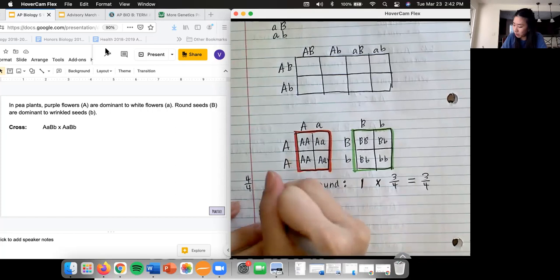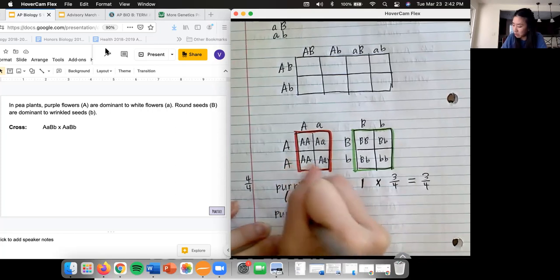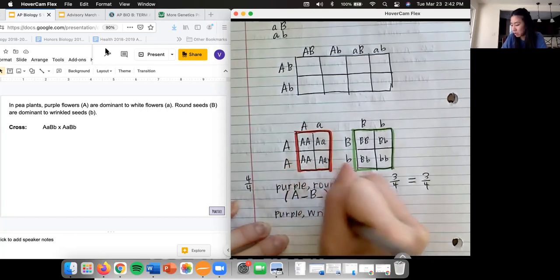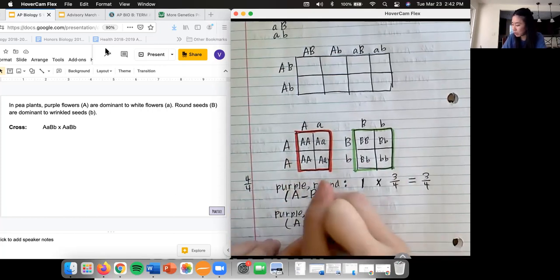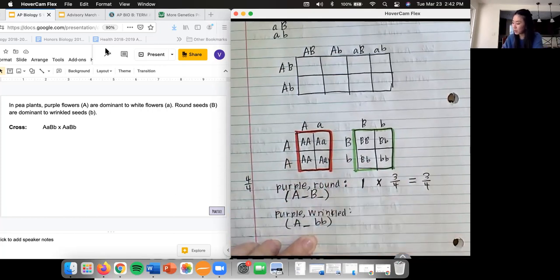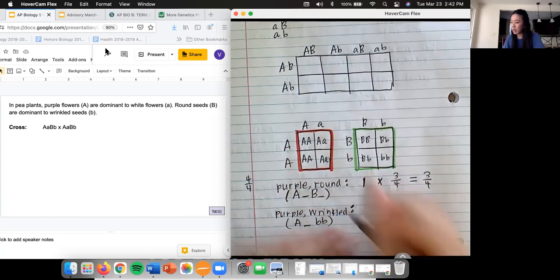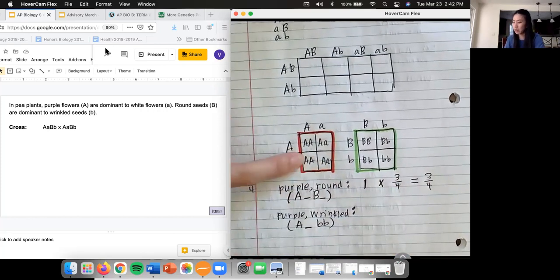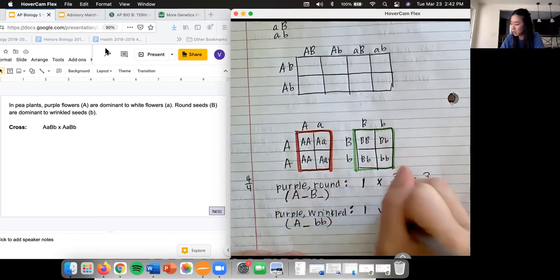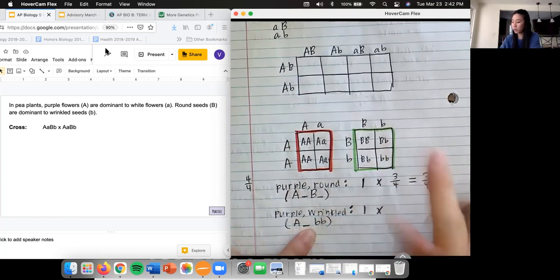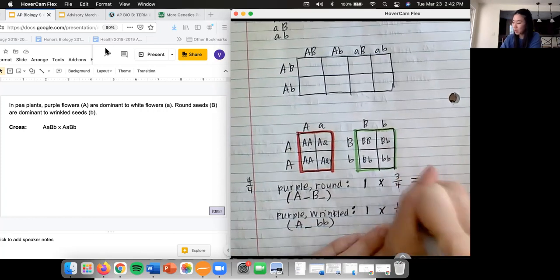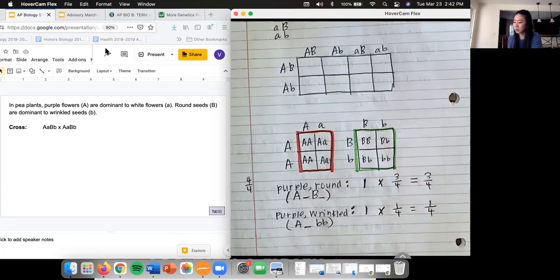If I do the next one, which is purple and wrinkled, I have big A dash, but wrinkled is recessive, so little b, little b. Once again, they're all purple, so 1, and I multiply it by how many of them are wrinkled, 1 out of 4. So my chance is 1/4.